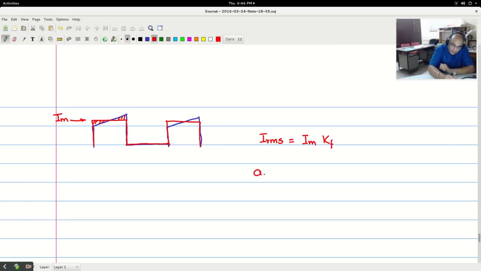So the wire cross section area will be... Sorry, I should have written it the other way.